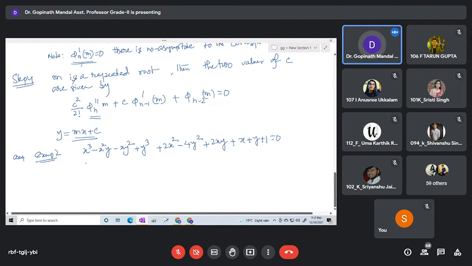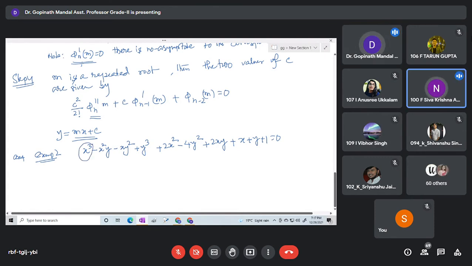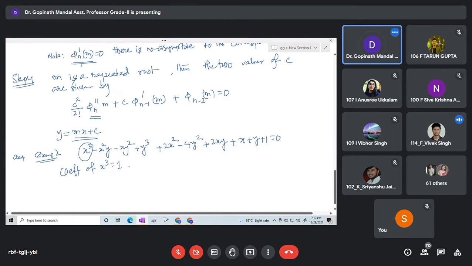So here the highest power of x is x cube. So the coefficient of x cube equal to 1, and 1 equal to 0 is absurd.